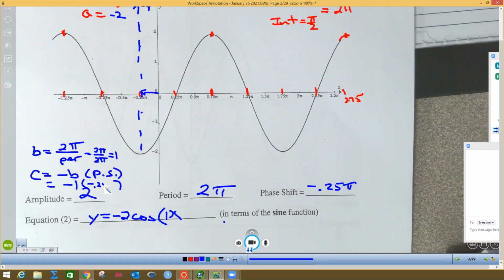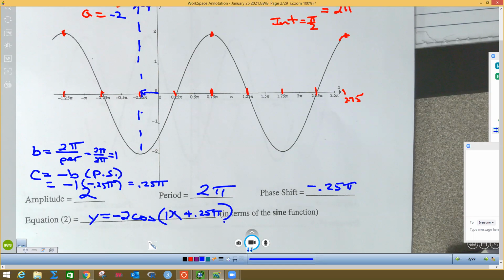Negative 0.25 pi. So that means my C is going to equal, what's negative 1 times negative 0.25 pi? Positive 0.25 pi. I would put 1/4 pi or pi over 4 here, but I don't know. Do you guys like decimals better? And there's my graph. There's my function right there.